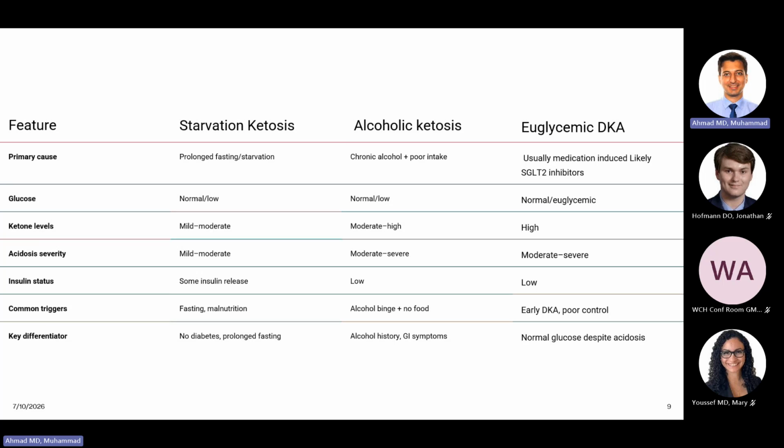And the common triggers, as the name suggests, for starvation is fasting, malnutrition, for alcoholic binge, and for euglycemic DKA, sometimes early DKA can present as euglycemic DKA, or if someone is taking SGLT2 inhibitors, that can trigger. And the key differentiator is technically the history and the physical exam and what the patient is telling you. That's pretty much for most of the times.